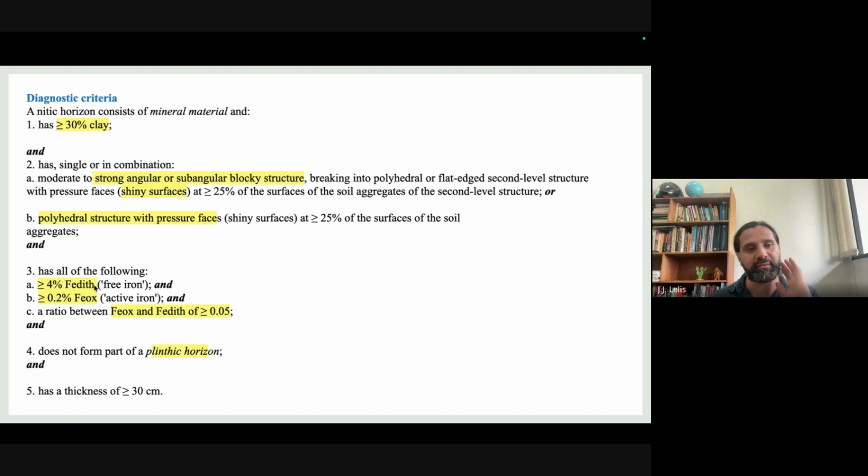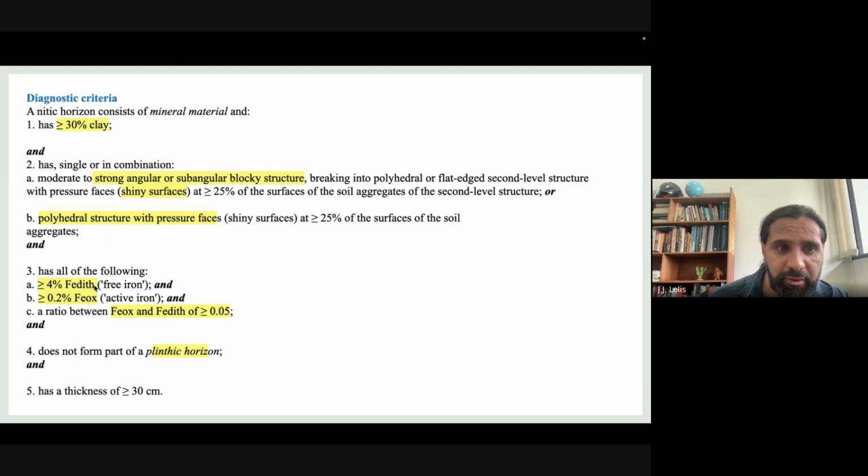We are saying that I must register a high content of iron, but to differentiate the plinthic horizons, we're not putting both in the same section, just to avoid registering something that expresses these shiny faces at the same time that it expresses some concentrations of iron as plinthite or concretions or nodules or anything else, okay?